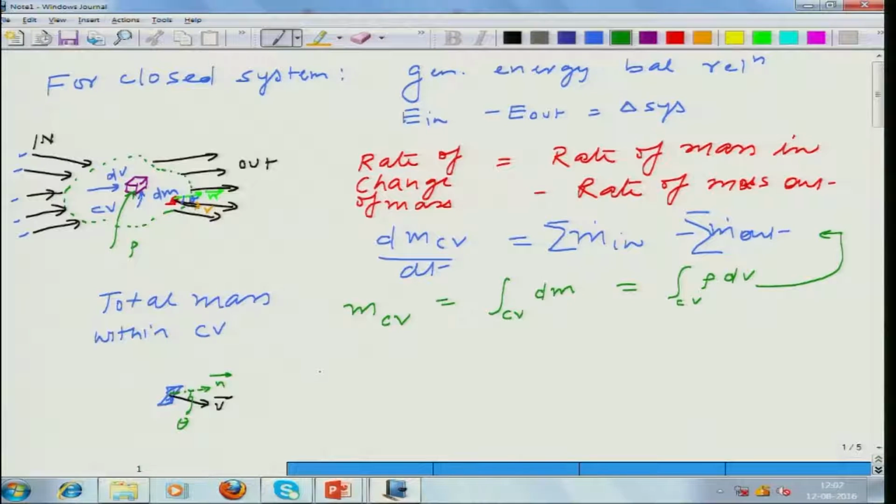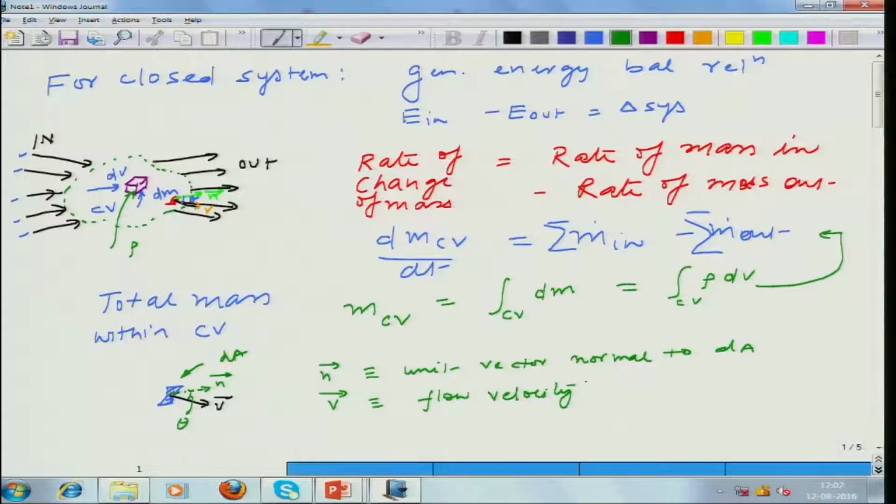So n vector is a unit vector normal to this area, which is dA. And your velocity is the flow velocity. What about the mass flow rate for this particular system?